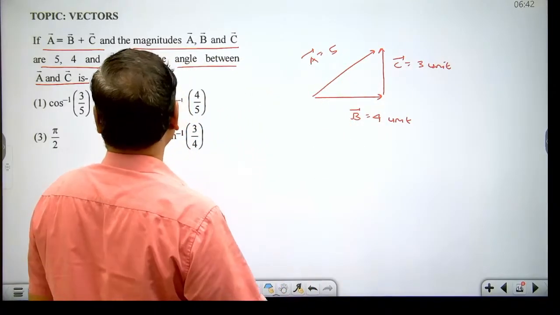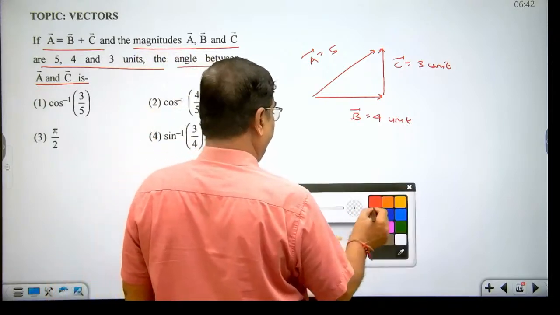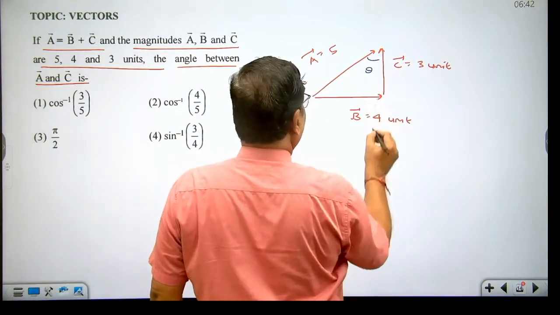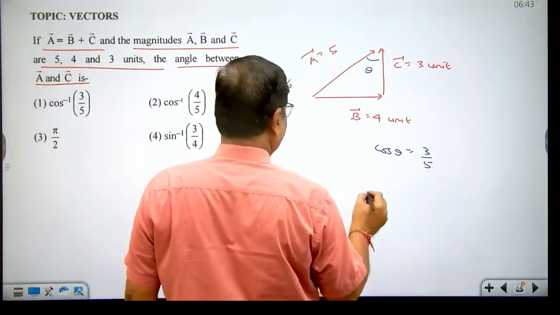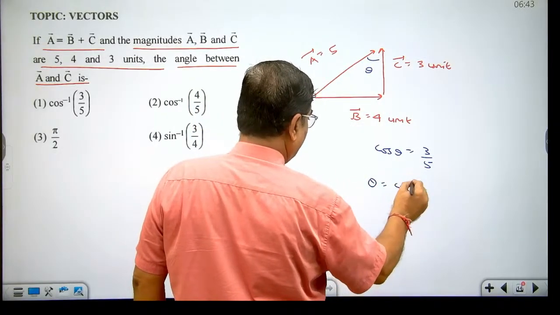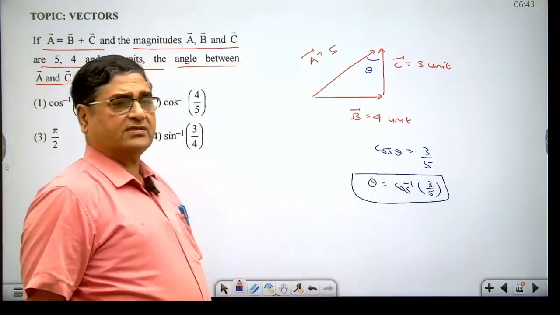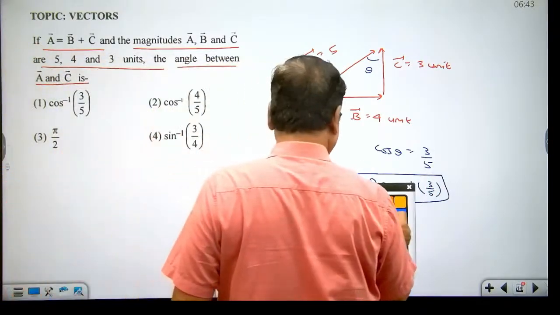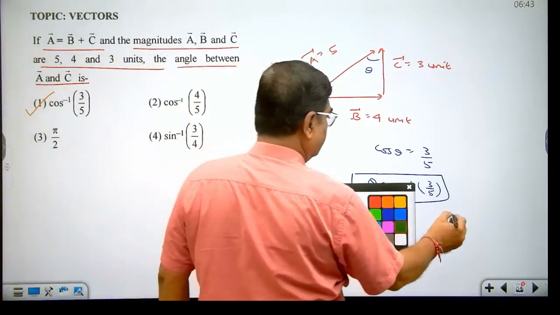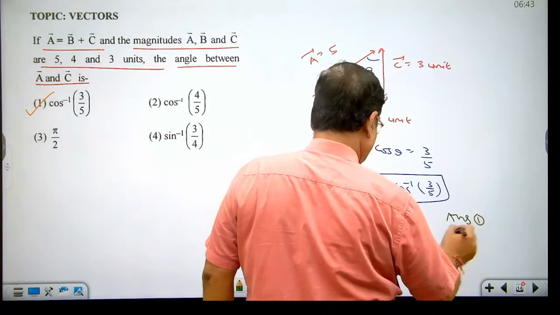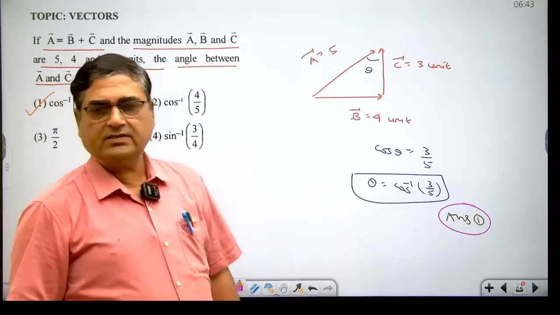Now angle between any two vectors is the angle between head to head or tail to tail. So this is the angle between A and C. Cos theta is what? 3 upon 5. So theta equal to cos inverse 3 upon 5. So out of 4 choices, the correct choice is option 1. Option 1 is the correct answer.